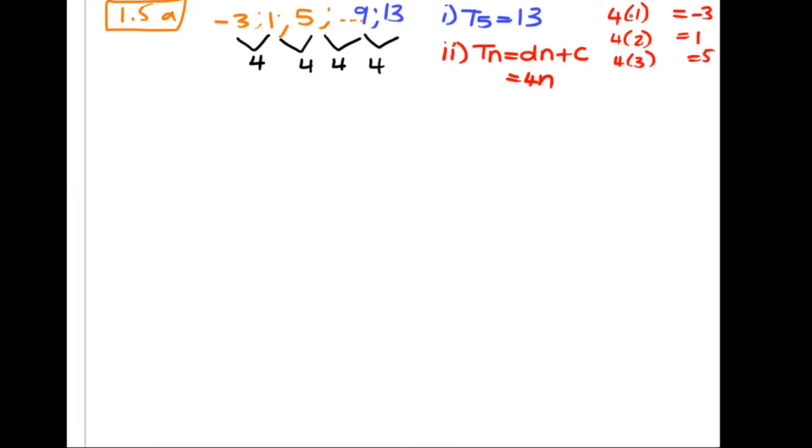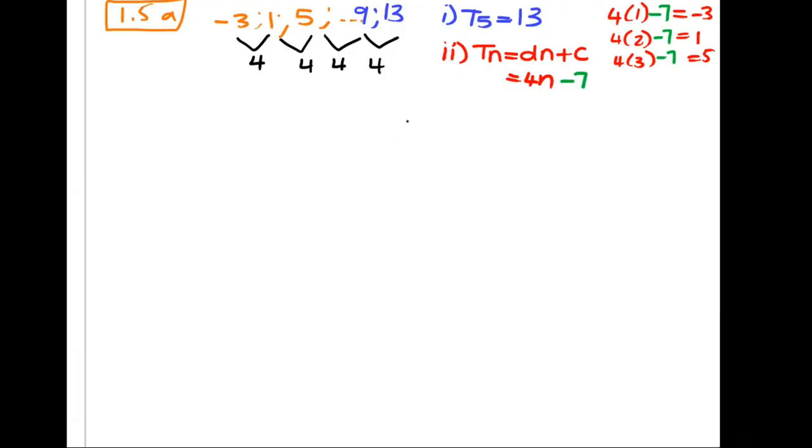Well, we say, how do I get from 4 to -3? I subtract 7. How do I get from 8 to 1? I subtract 7. How do I get from 12 to 5? I subtract 7. And so my formula is 4n minus 7. Well done to everyone who got that right.